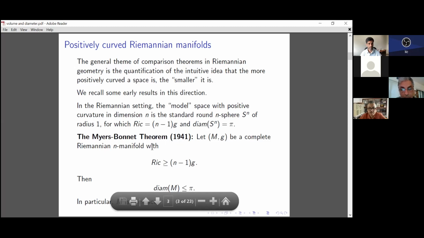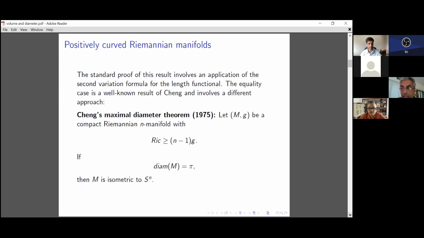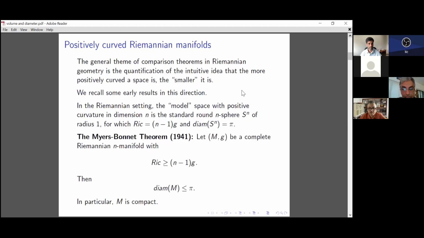The Myers-Bonnet theorem, which goes back to 1941, says that if you have a complete Riemannian manifold with Ricci curvature greater than or equal to n-1 times g, the point being that this is whatever it would have been for the sphere, then the diameter is less than or equal to pi. In particular, the manifold has to be compact.